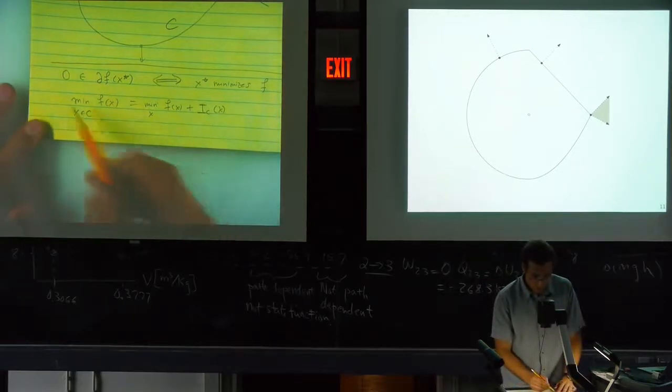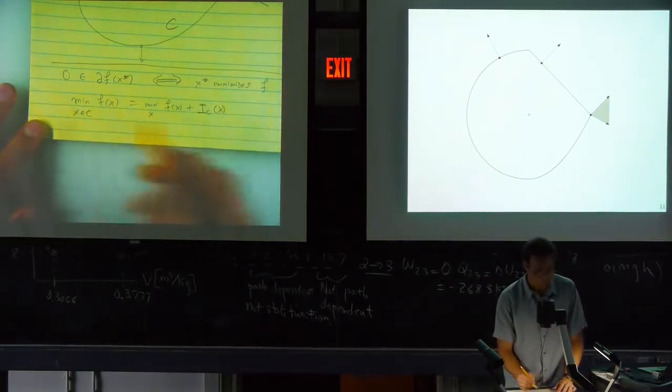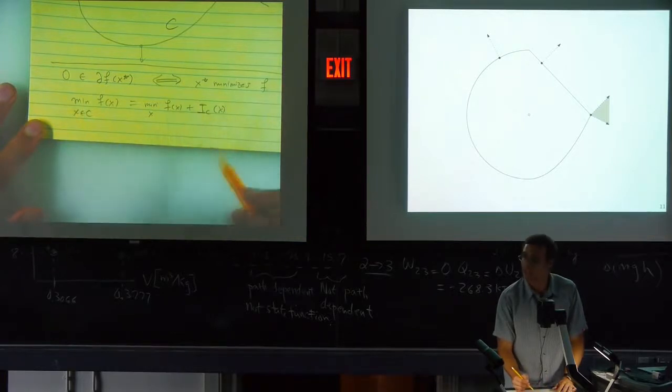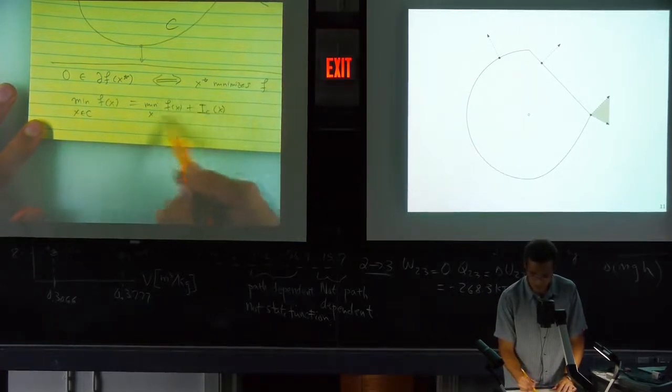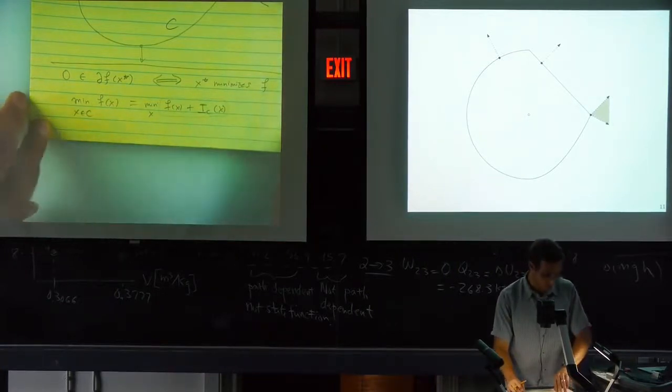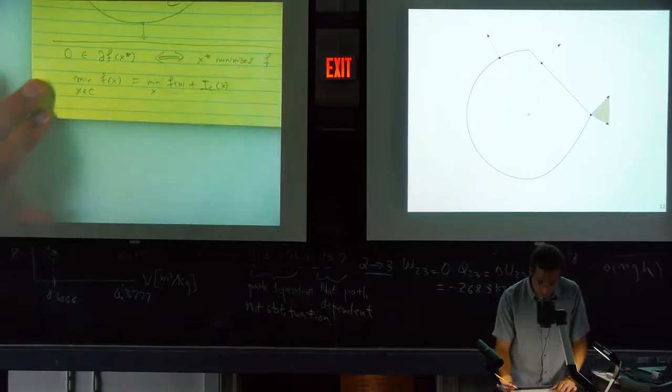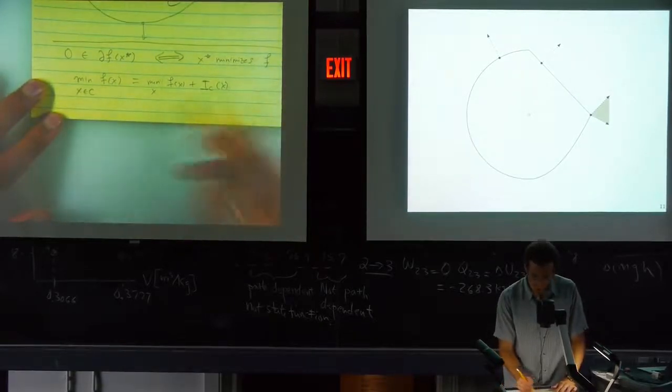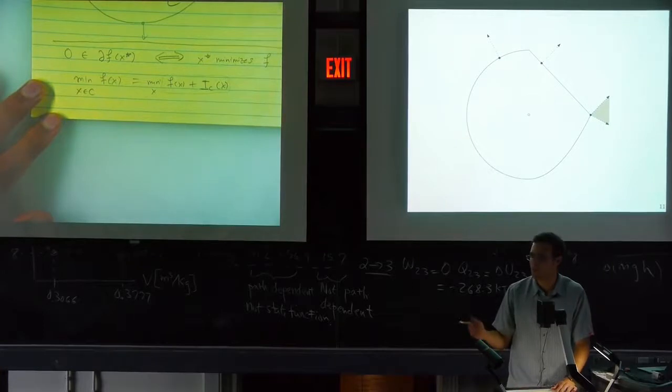So now I know that I have a solution to this guy, or equivalently a solution to this guy, if and only if 0 is a subgradient of this function. Okay, and we're going to see in a second, I'm giving you a preview here because we're running out of time, that to compute the subgradient of a sum, I just take the sum of subgradients.